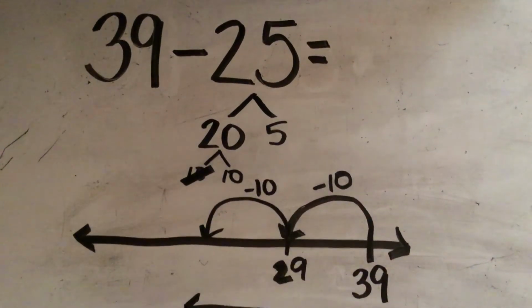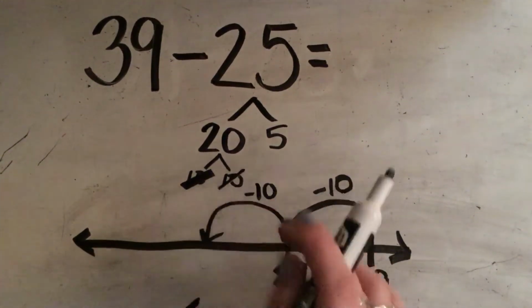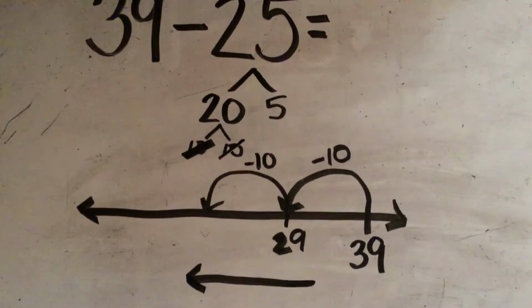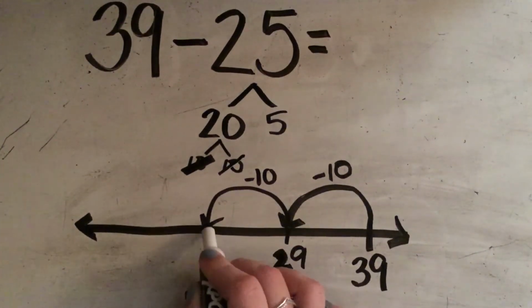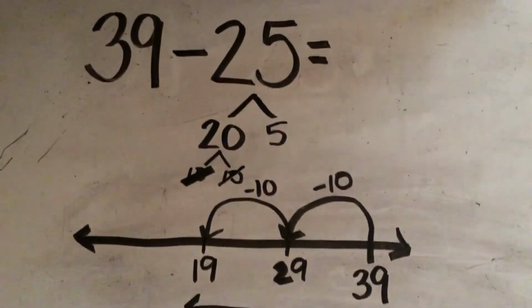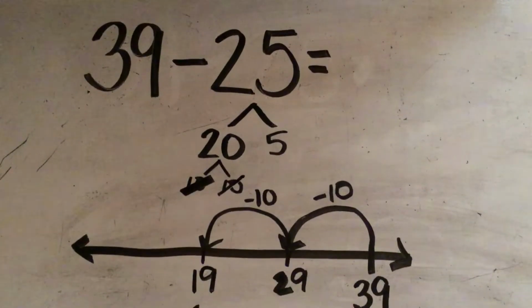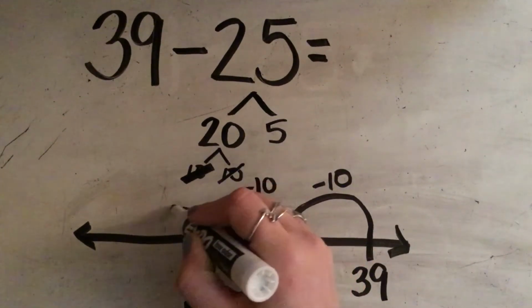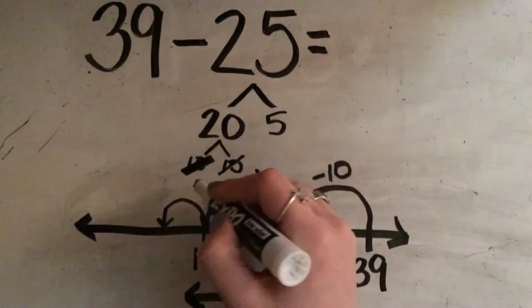And like I said, I labeled my jump so that way I remember and I know how much I've already subtracted. So 29 minus 10 equals 19. Now I'm not done yet because I still have this 5 for my 25. So what I'm going to do is jump back 5.